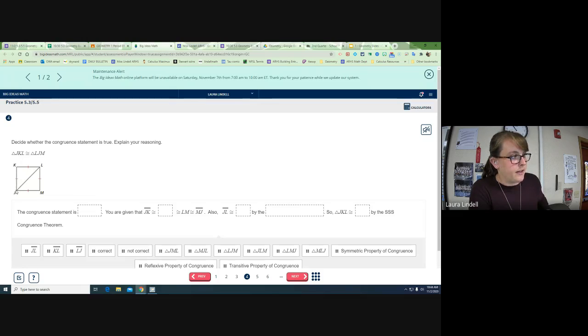So if I start off at J and then K and then L, and then for this one I want to start off with L, I can't go from L to J because that goes along the long side first. Because when I started off on this triangle on the left and I went JK, from J to K is one of the short sides. From L to J is my long side. So the congruent statement that they wrote is not quite correct.